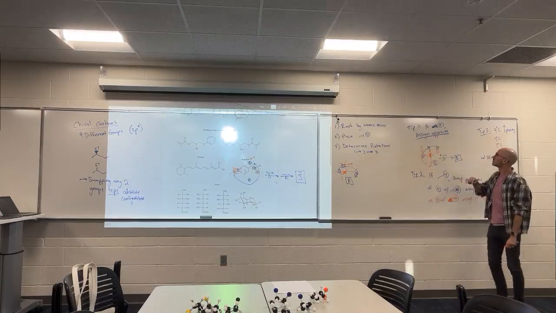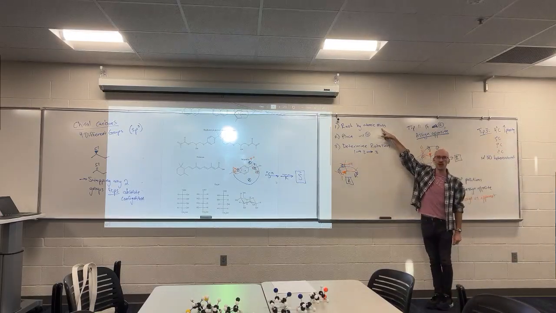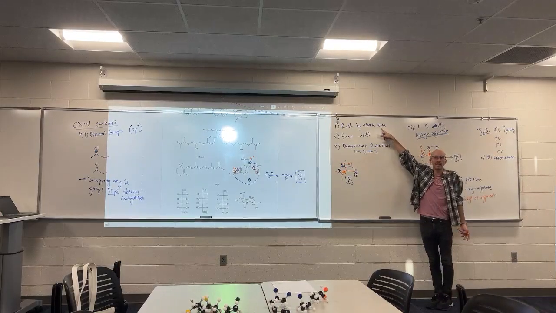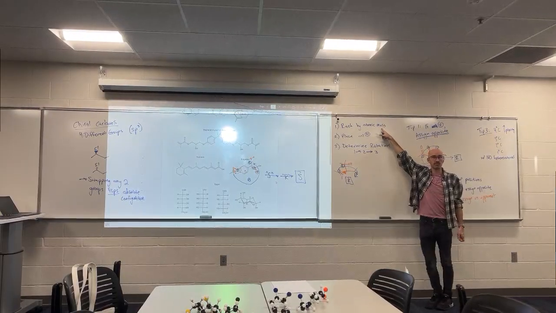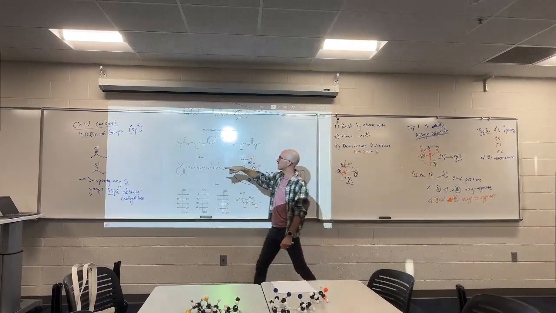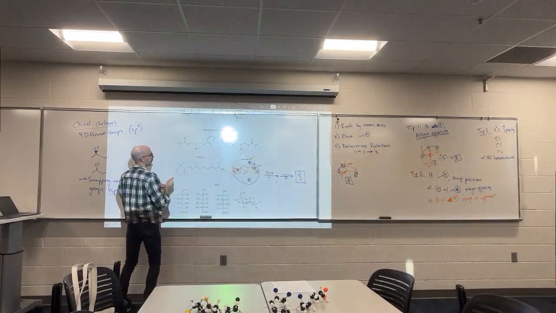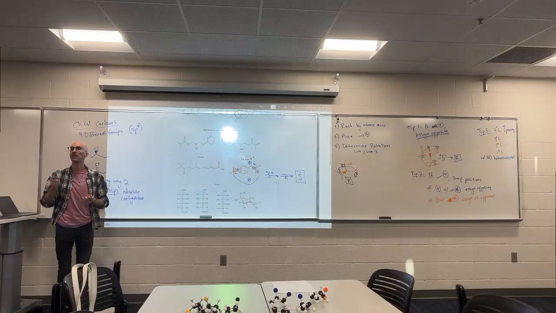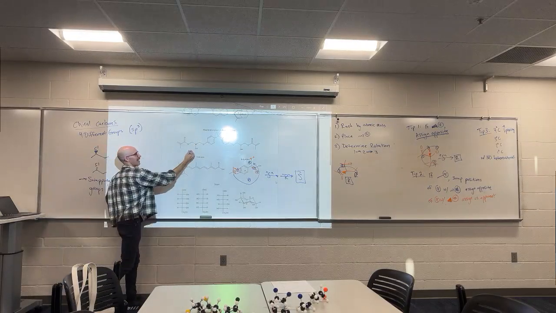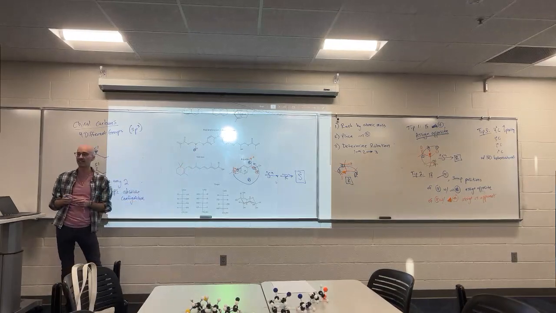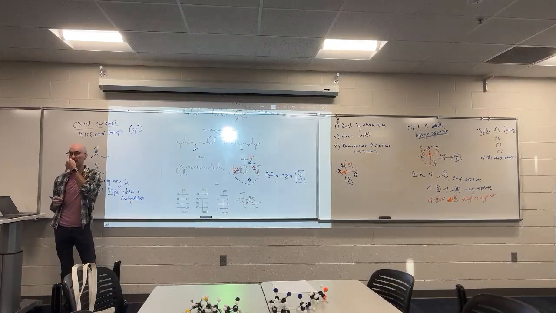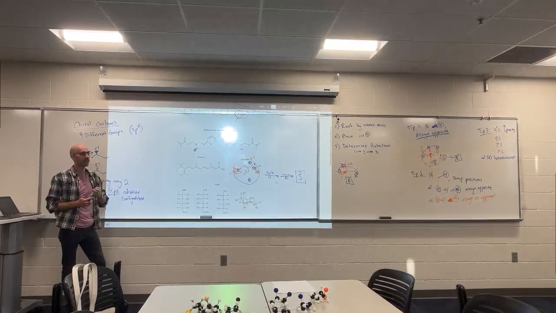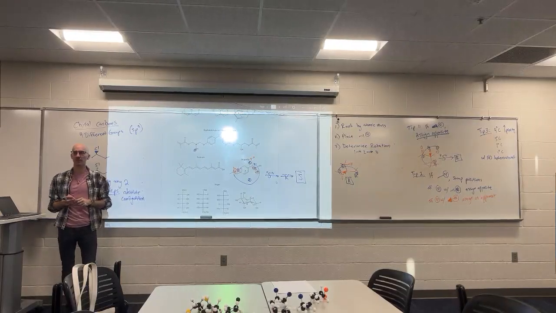How would you know? Let's start by ranking the groups. What's the highest group attached to this chiral carbon? The oxygen. Not even the OH by necessity. The oxygen is the highest group. What's the next highest group?